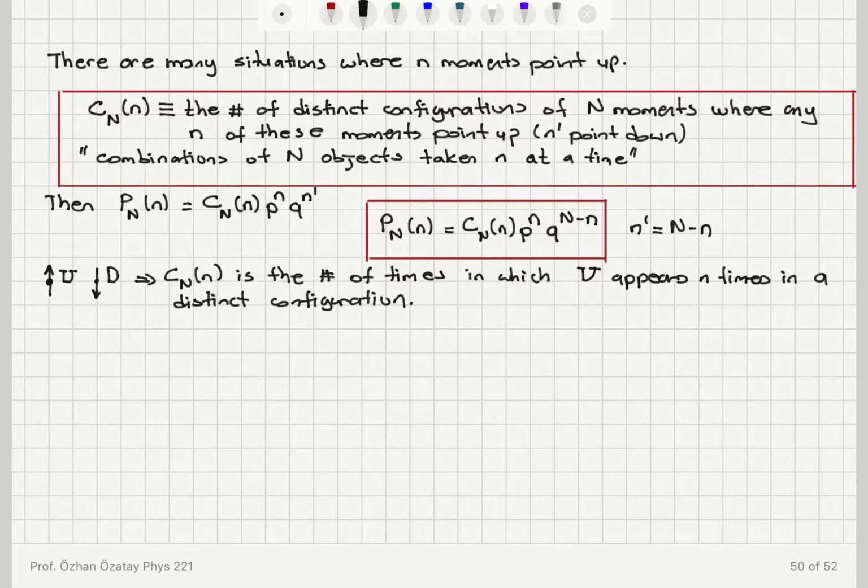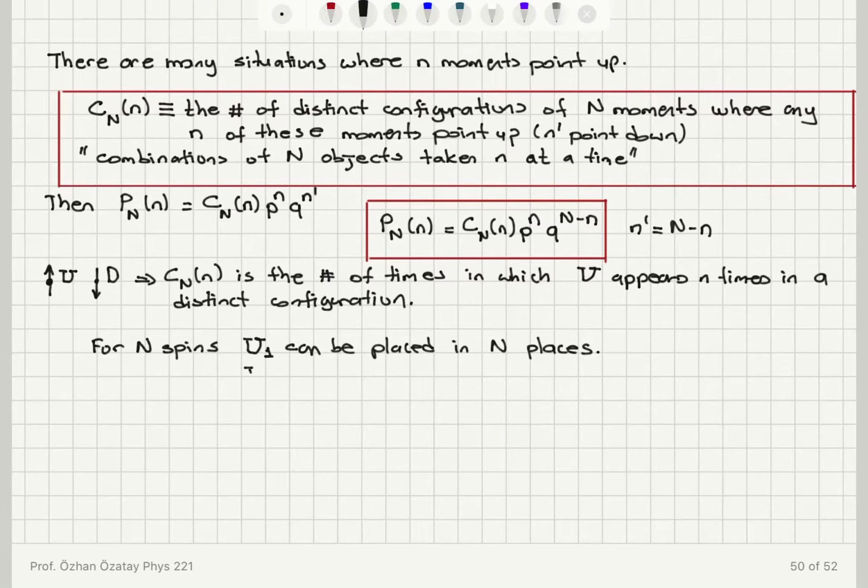Okay, so for the system of capital N spins, I'm going to put the first up. So I have a total of capital N spins. So I'm doing this step by step. For the first up that I'm going to put, this can be placed in capital N places.